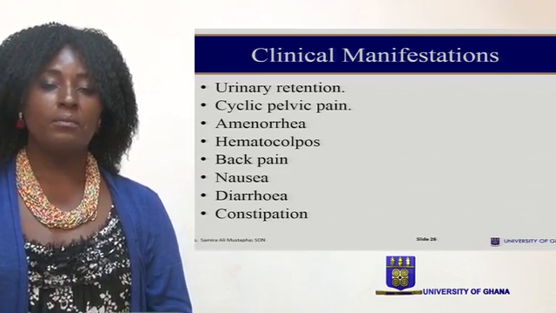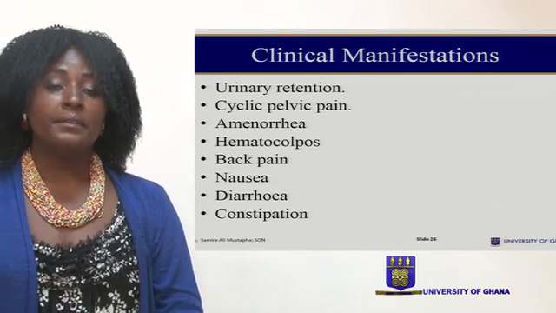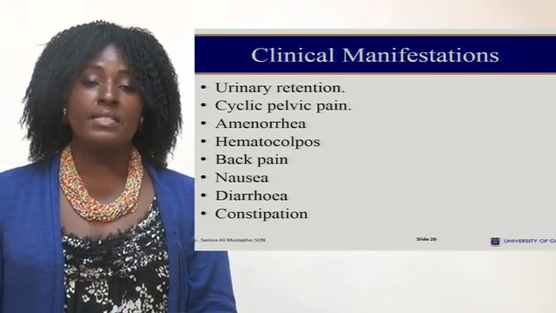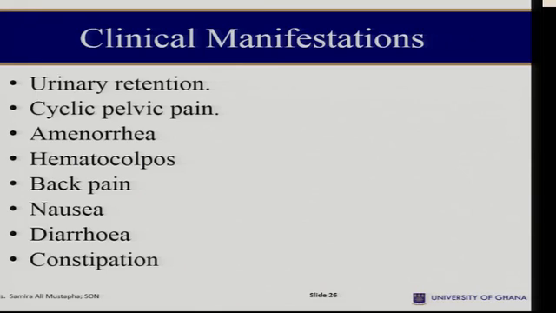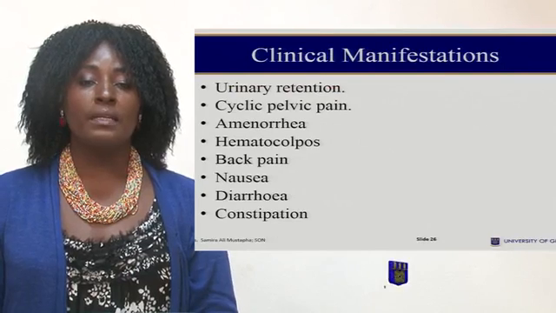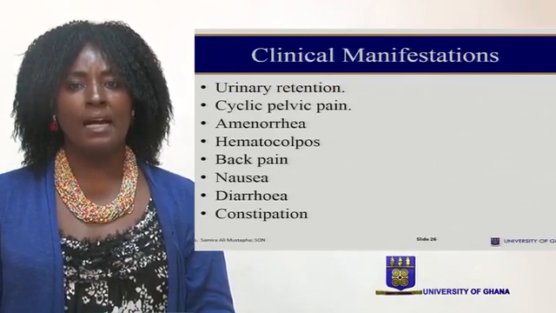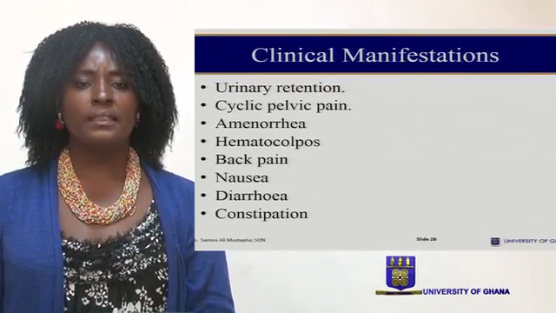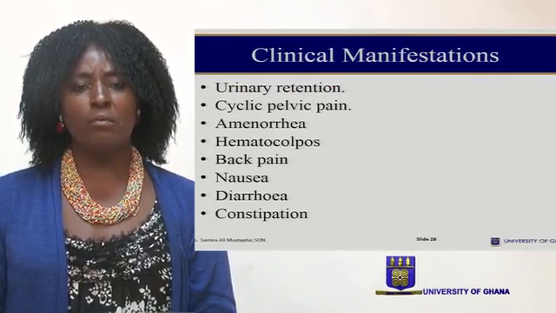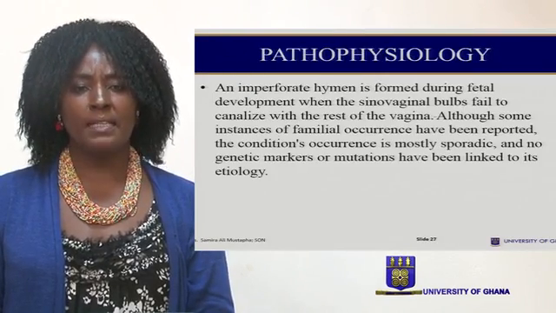Sometimes it may go unnoticed, so the young lady has reached puberty and there is no menstrual flow, and there is also hematocolpos where there is accumulation of blood down the vagina to the uterus, and there is back pain, nausea and vomiting, and all that we have said.